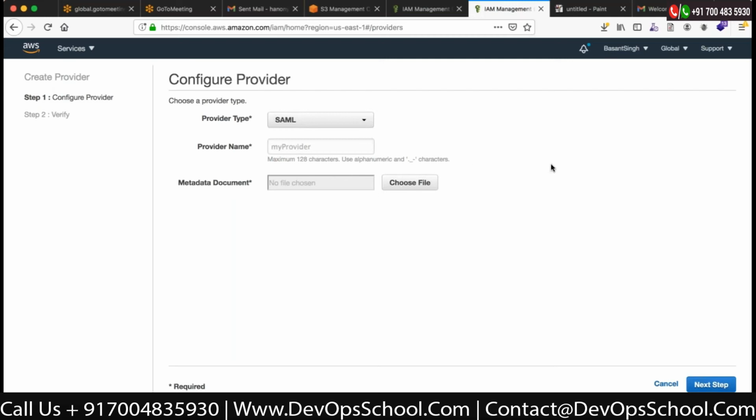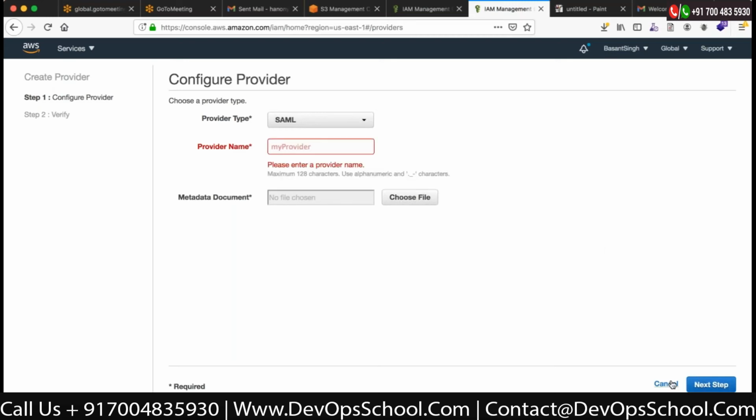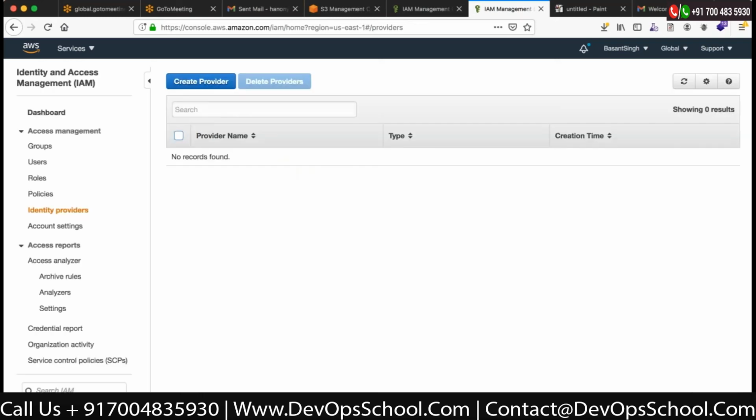SAML is a language that allows single sign-on, and they will give you that document, so you will be able to verify the user on the Active Directory. But the actions are on the next step, where we attach a policy that these are the set of actions these users can perform. Okay, thank you.